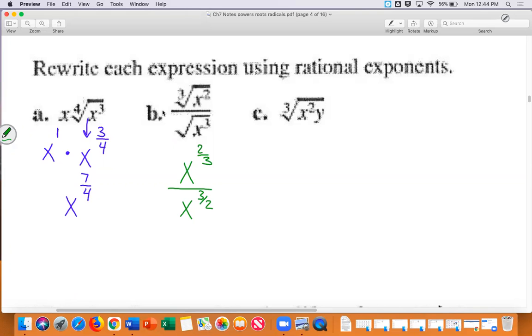What do I do with these exponents when you divide? Do we add or subtract? Subtract. So 2/3 minus 3/2, common denominator 6. So that would be x to the 4/6 over x to the 9/6.